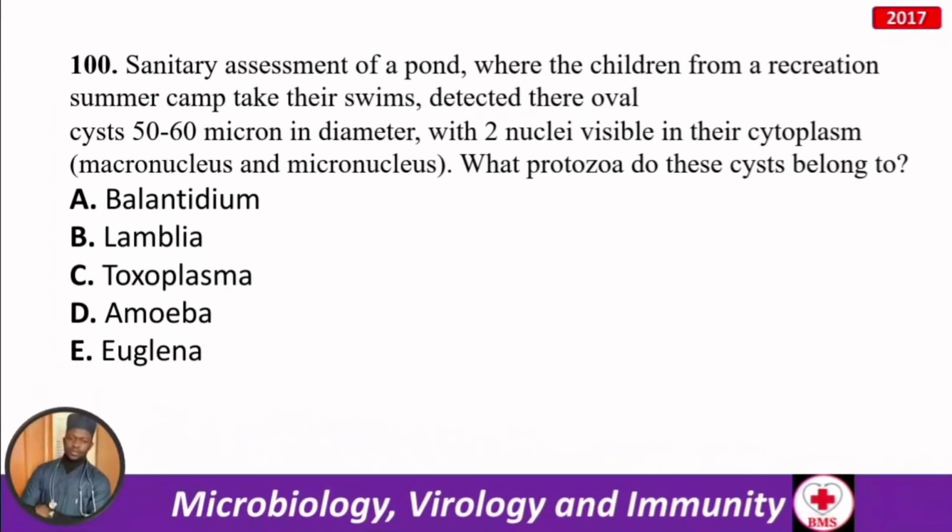So this is our last question. Let me read it first. Sanitary assessment of a pond where children from a recreation summer camp take their swims detects oval cysts 50 to 60 microns in diameter with two nuclei visible in their cytoplasm, a macronucleus and a micronucleus.